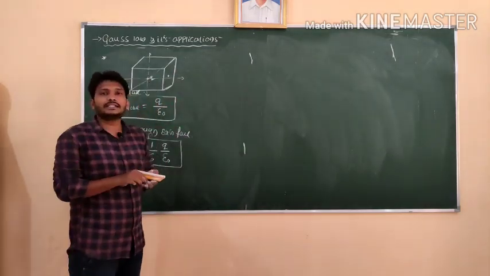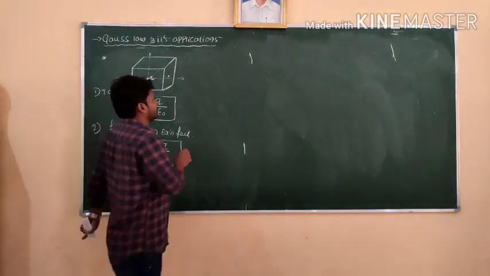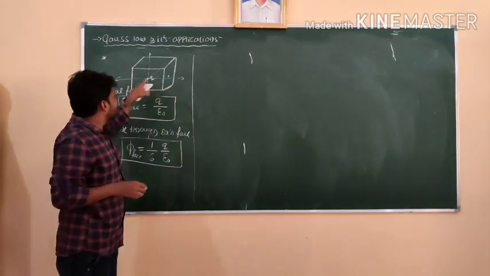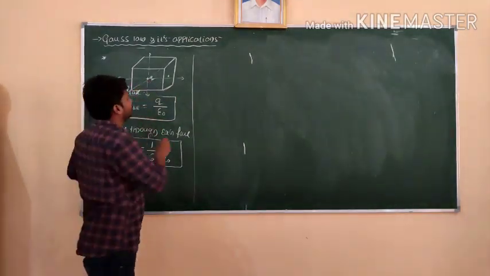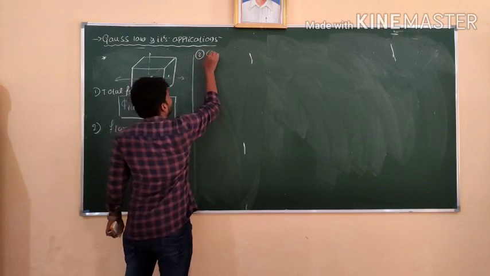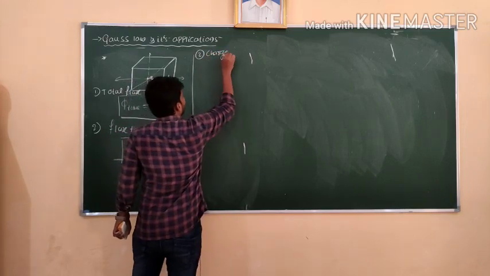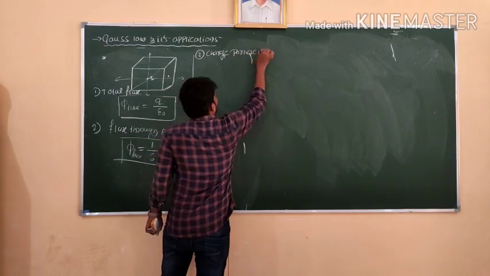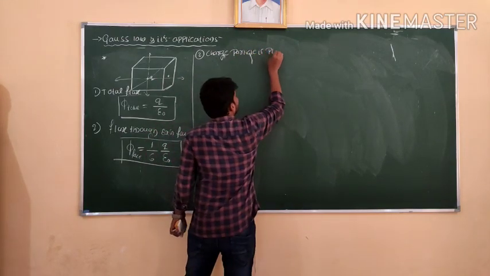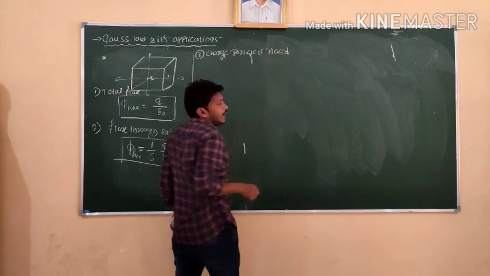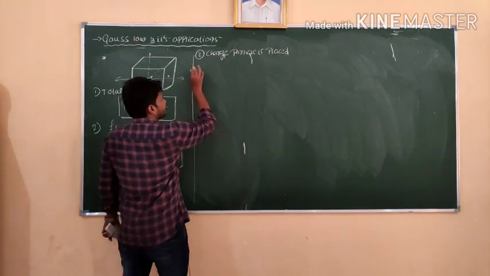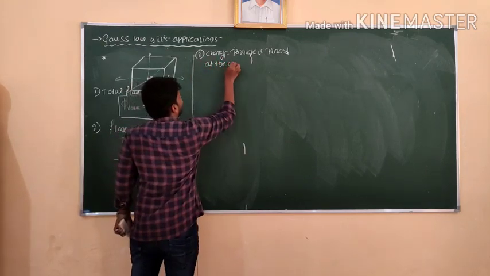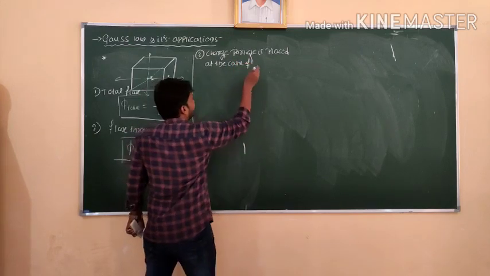So the first situation is the charge particle placed at the center of the cube. In the second one, the charge particle is placed at the center of a face.